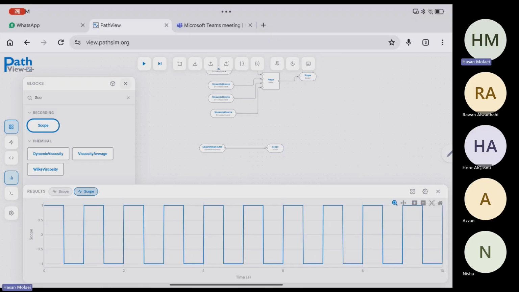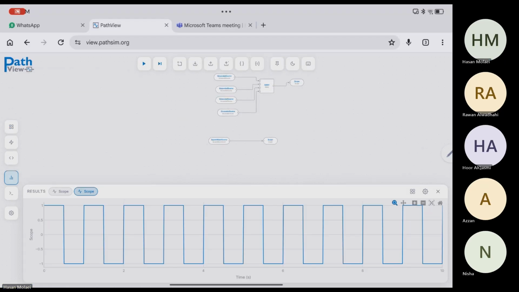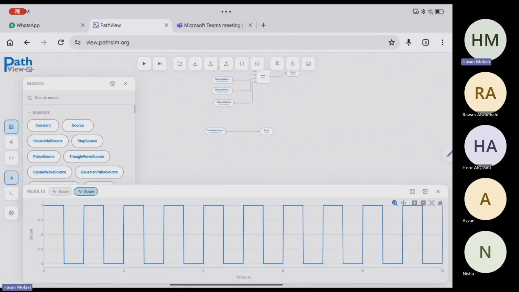I want to see which frequencies are in this square wave. You cannot see from the time domain which sinusoids this square wave has. What should I do? Let's go through one spectrum, which shows the signal in the frequency domain.